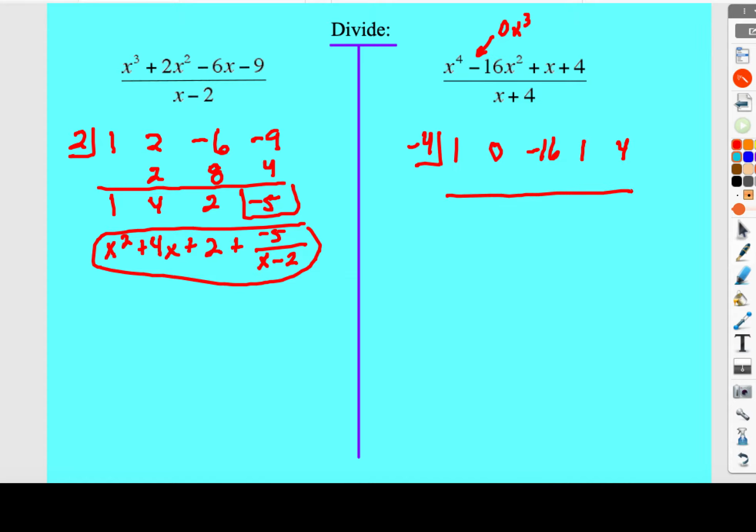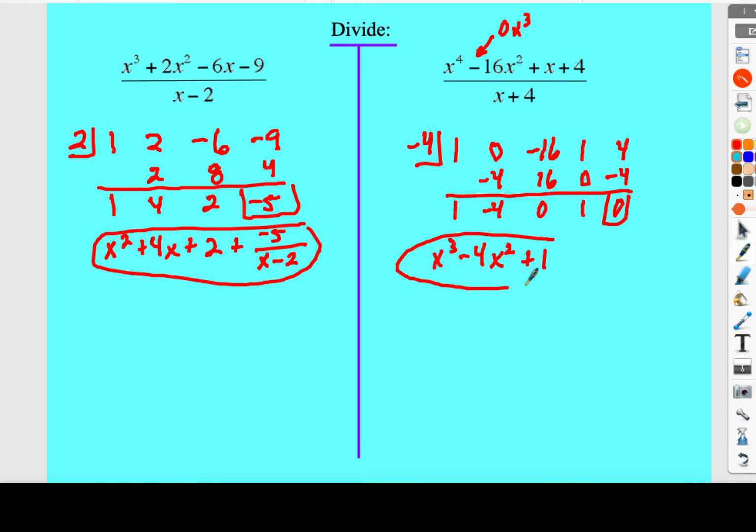I'm going to go ahead and move that first number down, multiply by -4, dropping down that -4 plus 0, multiply again by -4, adds to 0, multiply again by -4, 1 plus 0 is 1, and multiply one more time by that -4 up in the box, and that makes for a 0 remainder. So again, dropping our exponents by 1, this becomes an x to the third, minus 4x squared plus 0x plus 1, and we get our final answer there because our remainder of 0 as well. We don't need to write that in.